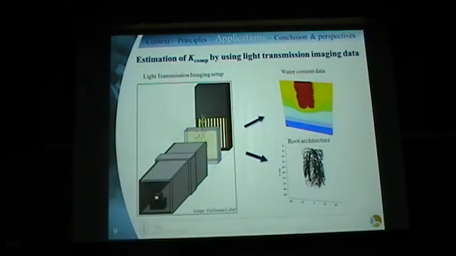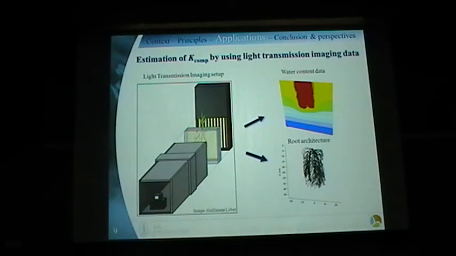Now let's concentrate on the second macroscopic parameter, which is the compensation conductance. Here we used light transmission imaging experiments. We have what we call a rhizotron, in which we put sand and a plant can grow in it.